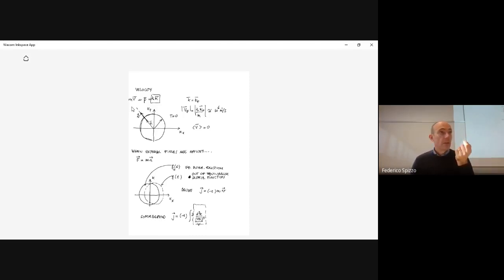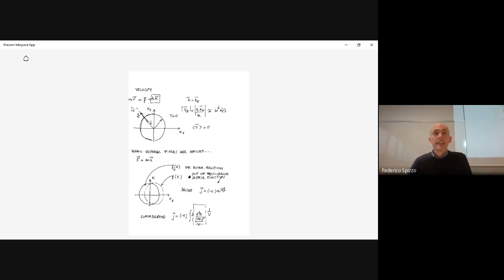So this ratio is the number of electronic levels that I have in that d3k volume. I would like to have the density, not the number. So I should divide by the volume. So here I put 1 divided by the volume, to account for the fact that that ratio is the number, and then I divide by the volume to have the density.